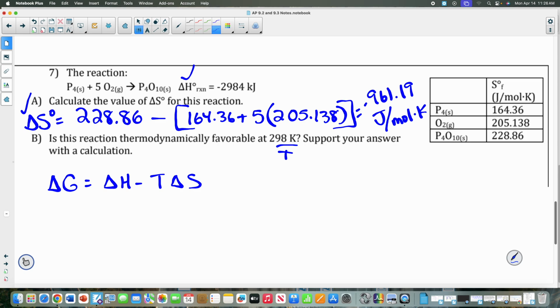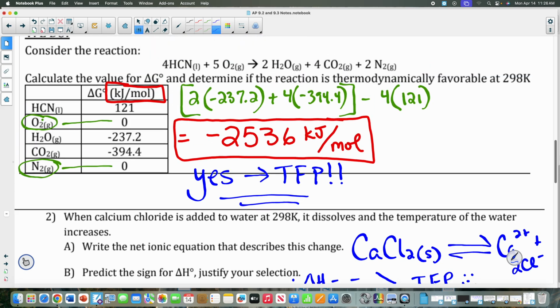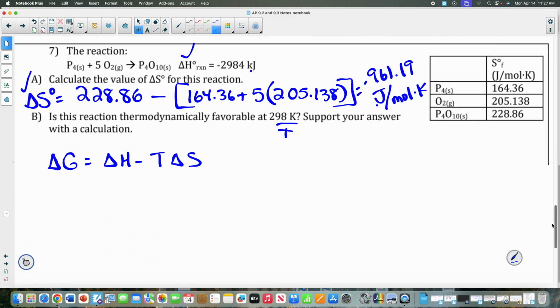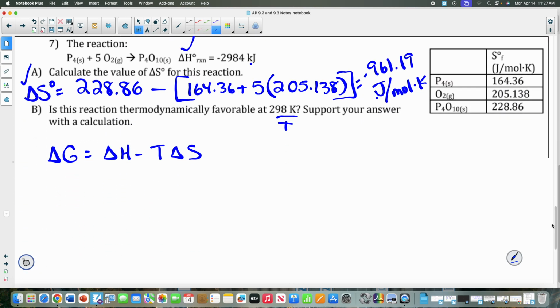Okay, so this is an example of where I said make sure our units match. Look at our units for delta H, and then look at our units for delta S. Our delta H is in kilojoules, and our delta S is in joules. Because most delta G values that you're given are given in kilojoules, I always change my delta S to kilojoules.